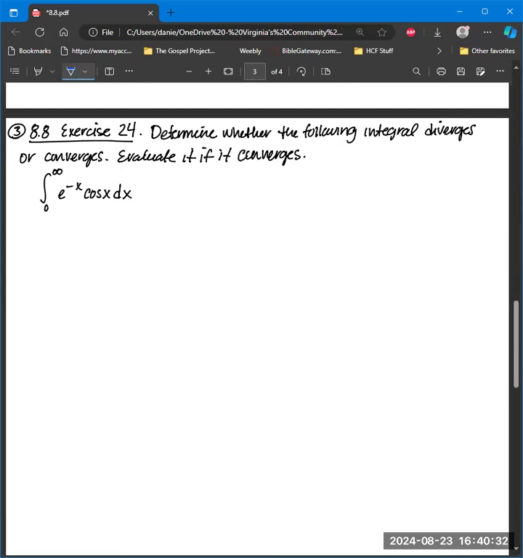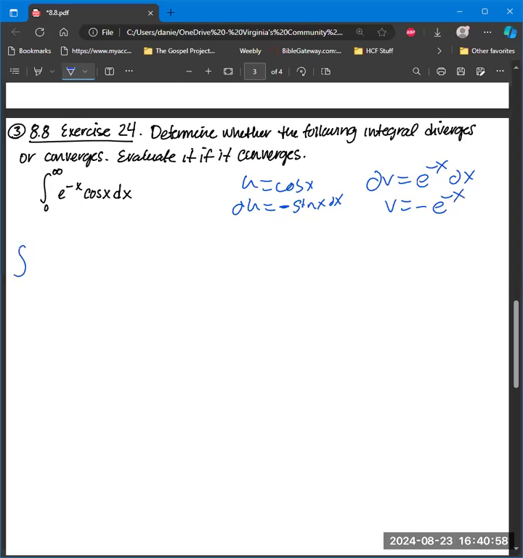Let's determine whether the following integral diverges or converges and evaluate it if it converges. We're going to need to use integration by parts here. dv is going to be e to the negative x dx, and u is equal to cosine of x. So du is negative sine x dx, and v is equal to negative e to the negative x.